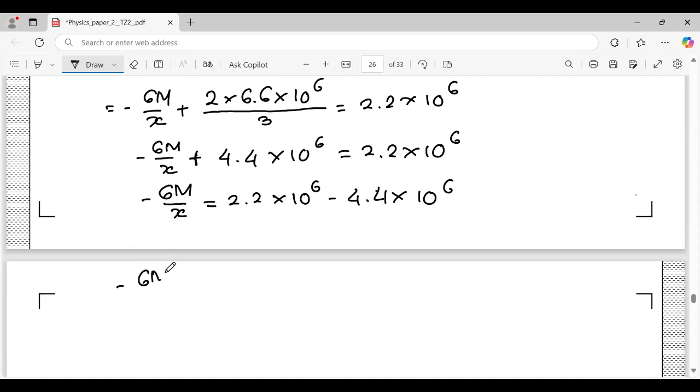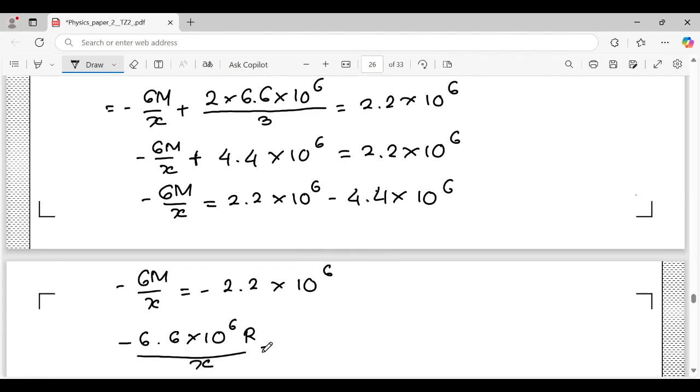So minus GM over x equals minus 2.2 times 10 power 6. And then GM is 6.6 times 10 power 6 R, over x, equal to minus 2.2 times 10 power 6.